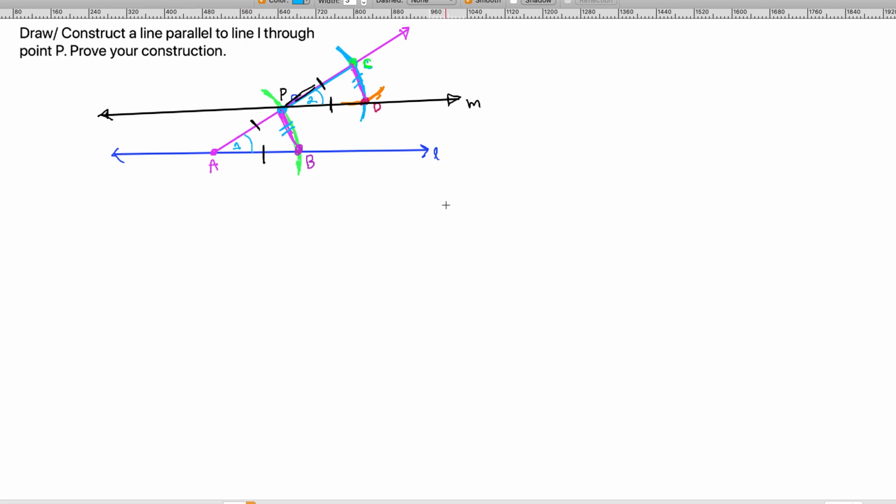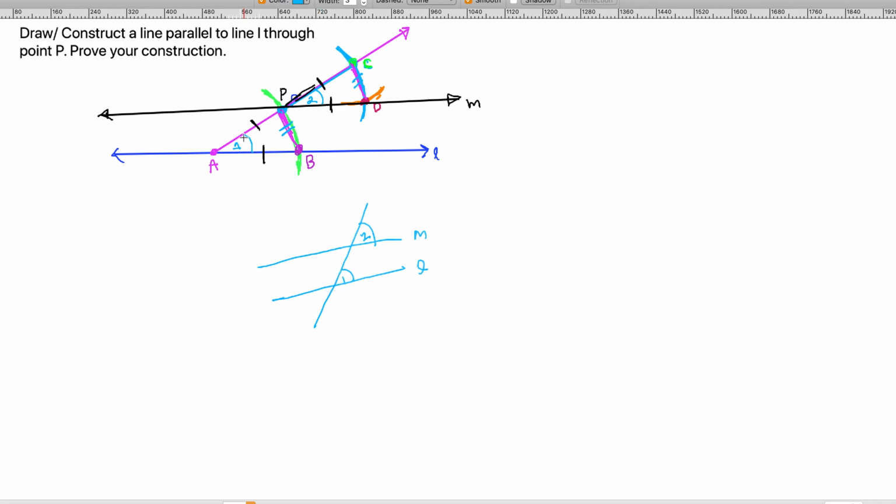And that means that angle 2 is congruent to angle 1. And if you look at this picture again, if I simplify it, if I say that this is M and this is L and this is the line, right, then this is going to be 2 and this will be 1. I showed that this angle is congruent to this angle. If you look at this picture, 1 and 2 are corresponding angles. And if corresponding angles are congruent, then the lines are parallel.